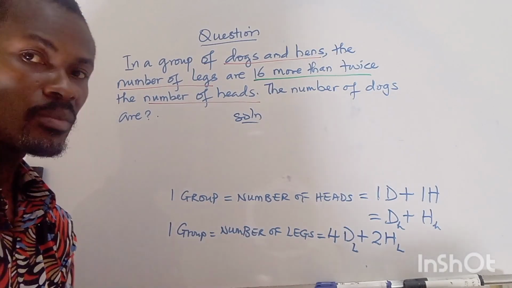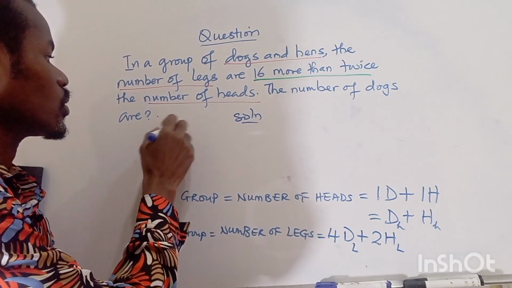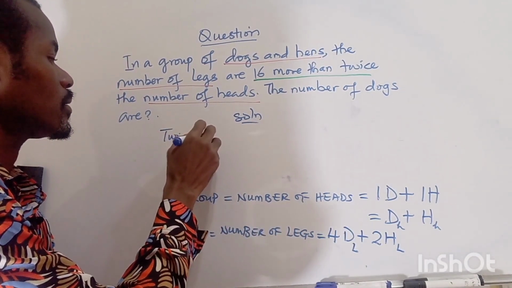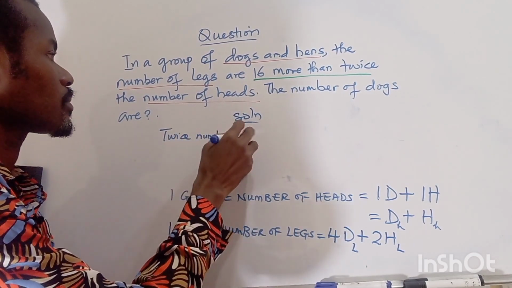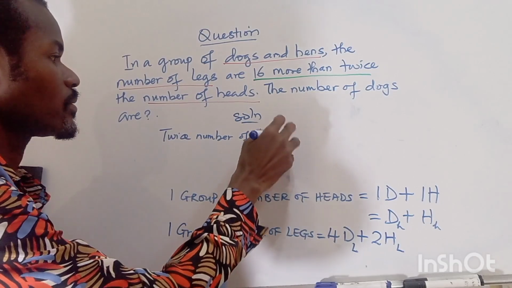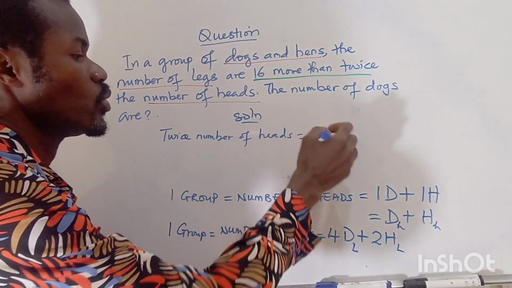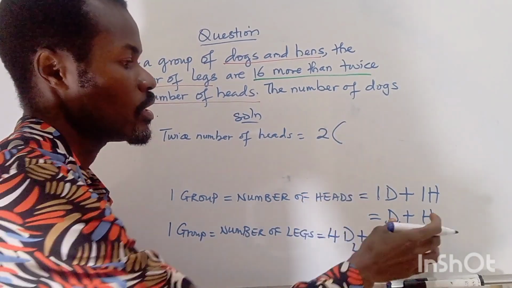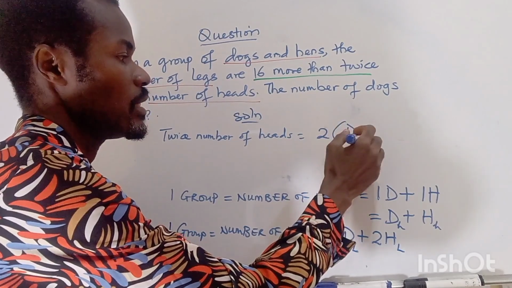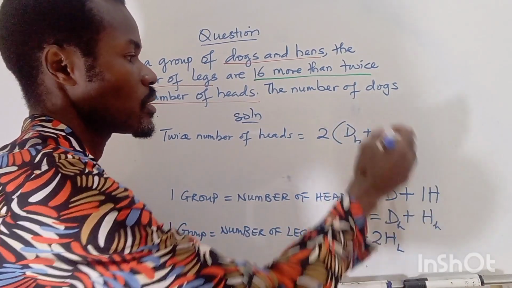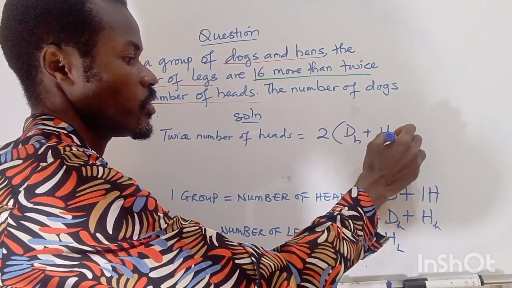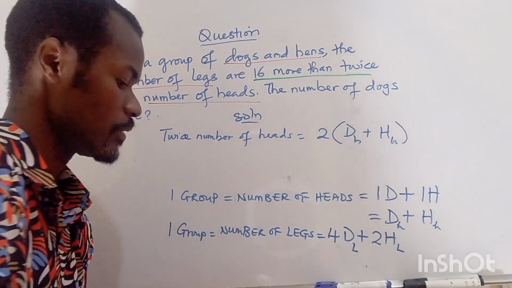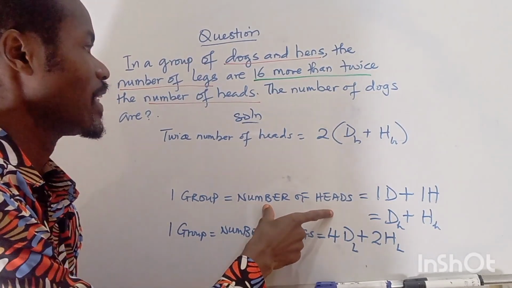So let's write that. Twice the number of heads means 2 multiplied, we can use a bracket, bracket means multiplication, by d plus h, which is the number of heads.